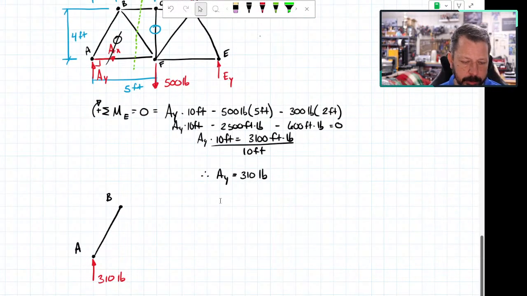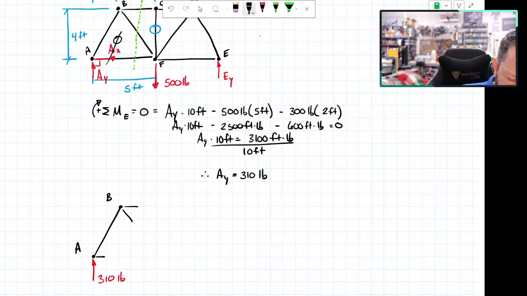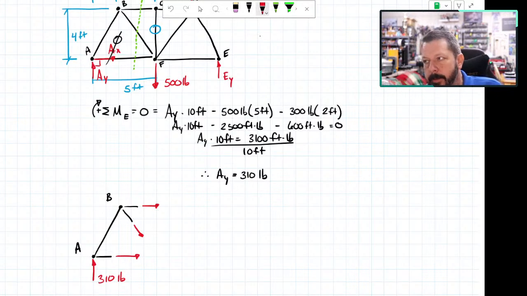Now these other forces, you can treat them a couple of ways. You could draw the little pieces that you cut through and then draw the force inside those, or you could just draw the force. Until you are able to look at a truss and say, oh, that piece is in compression, that piece is in tension, it's probably way easier when you're drawing the internal forces.